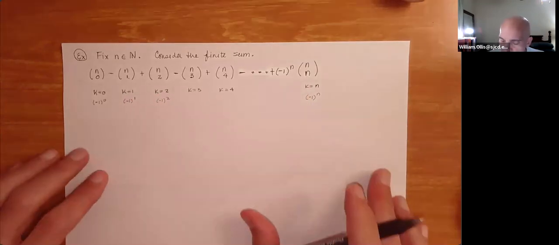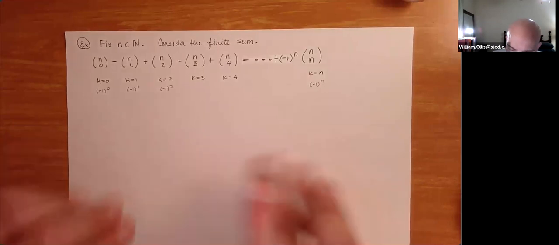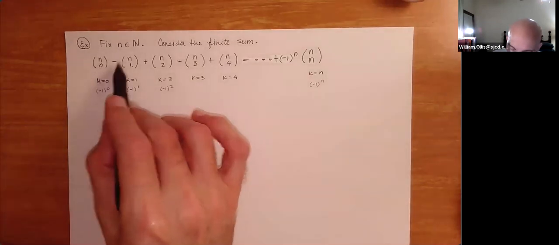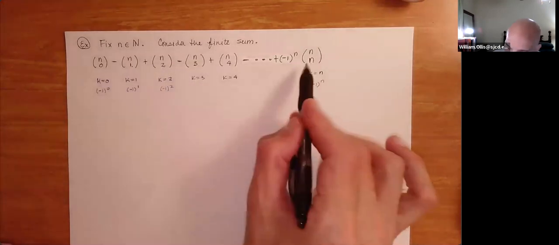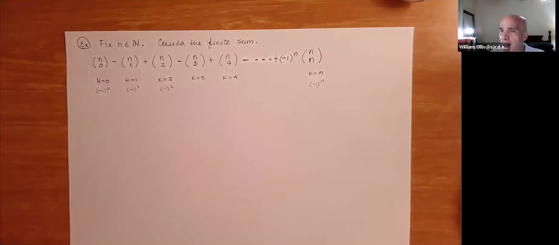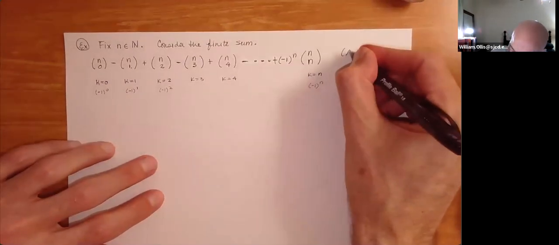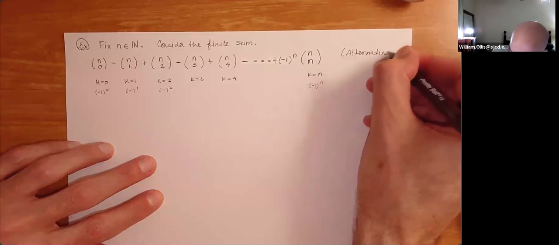Now notice we've got n choose 0 minus n choose 1 plus n choose 2 minus n choose 3, etc. And then we've got Pascal's triangle again, but now we have what we call an alternating sum. This is what we call a finite alternating sum.